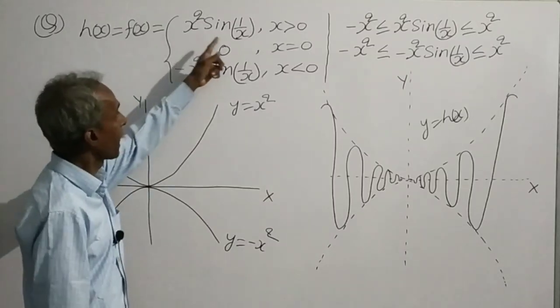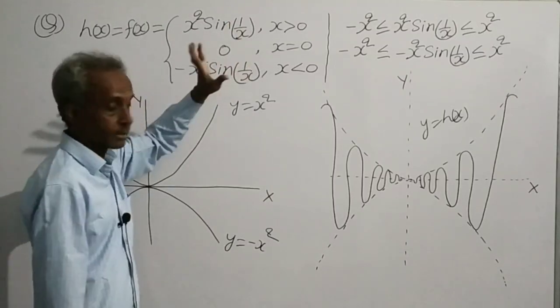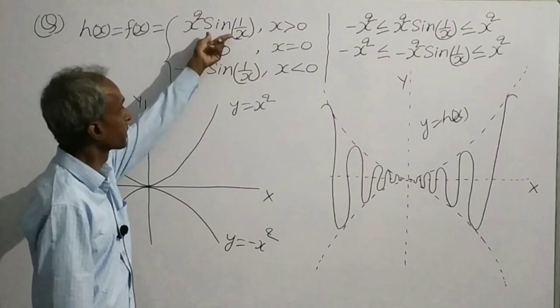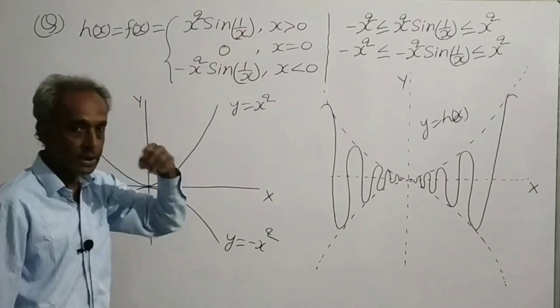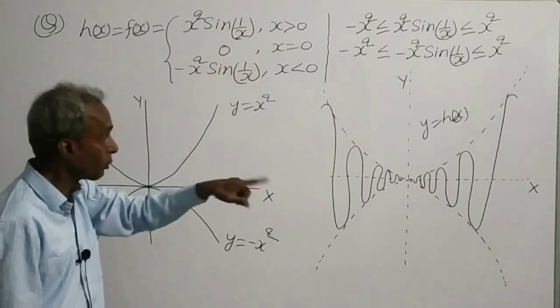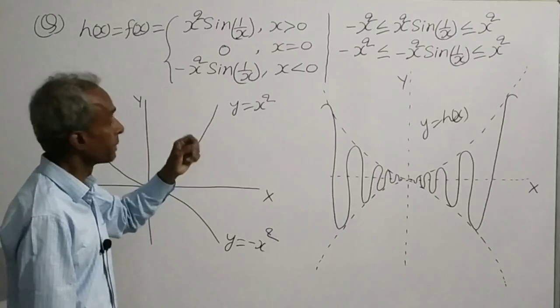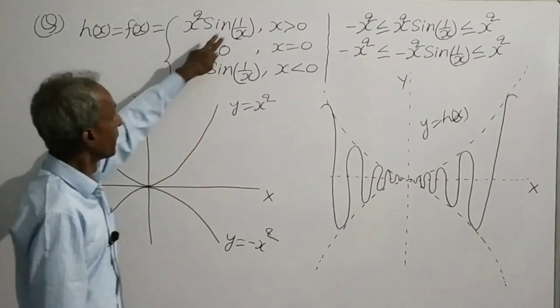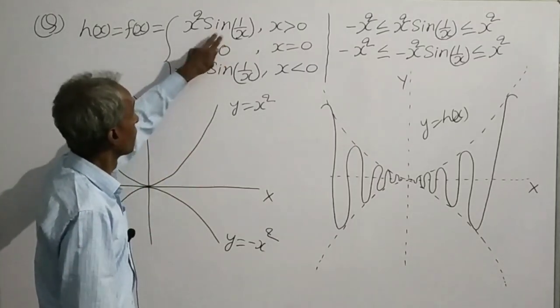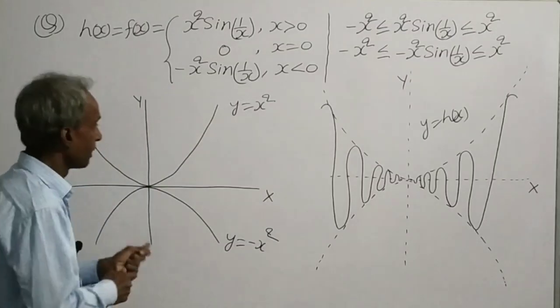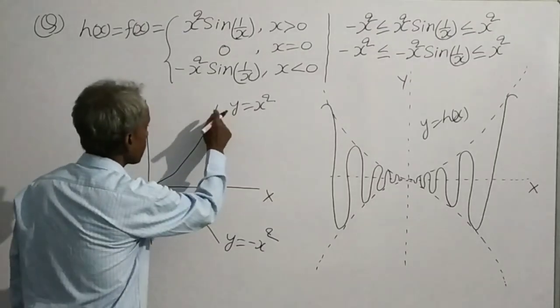But for x square sine 1 by x, the value of sine 1 by x will sometimes become 1, sometimes become minus 1. When this becomes 1, 1 times x square will be x square.